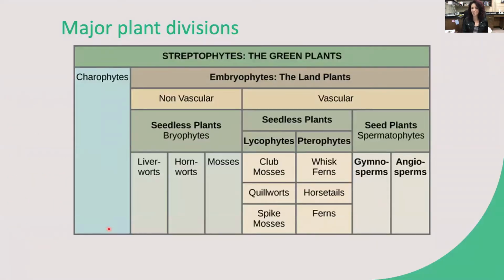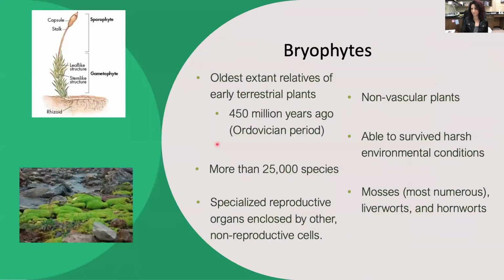So coming back to our major plant divisions, now we're going to focus on the non-vascular seedless plants. We call the non-vascular seedless plants our bryophytes. These bryophytes include the liverworts, hornworts, and our mosses.